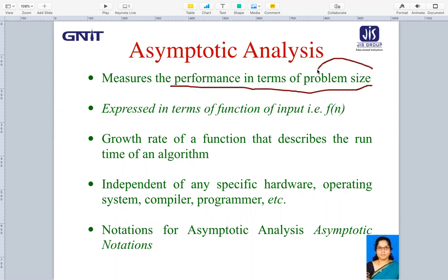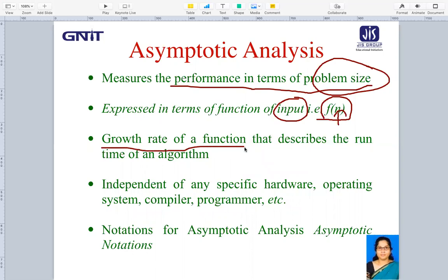When I talk about the problem size, basically it means the input. We have already seen in algorithm efficiency measurement that we represent it in terms of f(n), where n was the number of iterations of the loop. When we come to the asymptotic analysis, it becomes the size of the input. And with the help of this, the growth rate of the function is determined.